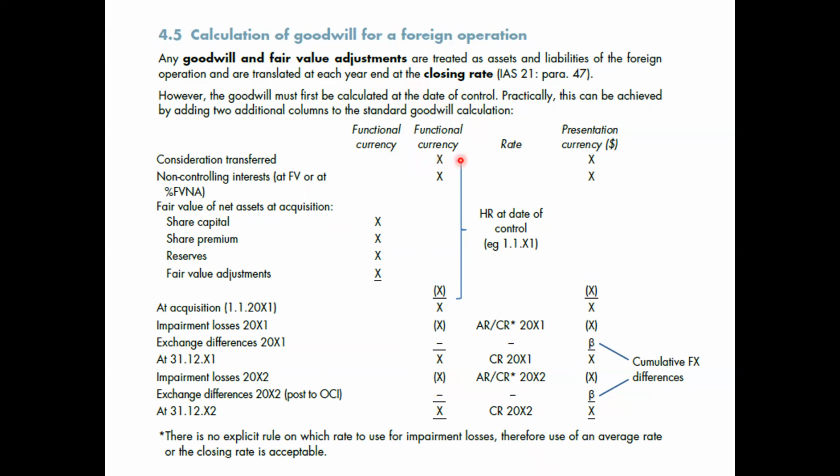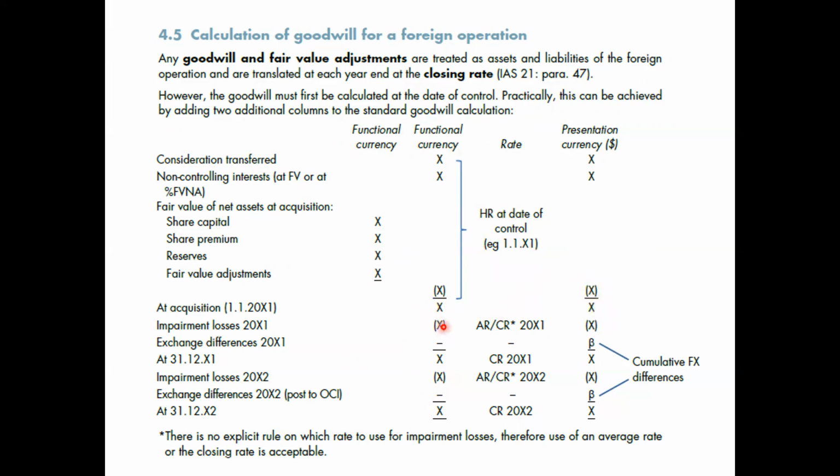So when we calculate goodwill, for instance, again, they have a spread structure. We will start with our consideration transferred, NCI, and our share capital, the at-acquisition part that we normally have for a group, and we will get our total values, and then we translate. So we use our functional currency and translate at the closing rate or the rate at the date of control at acquisition, and we have our items.